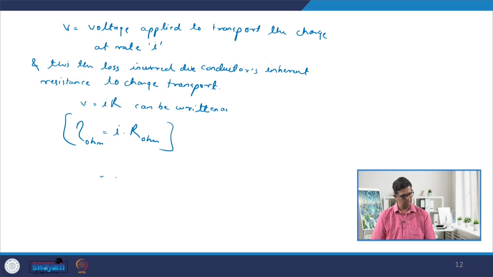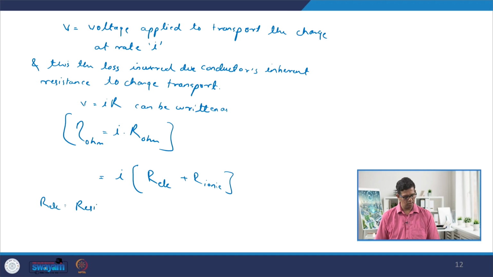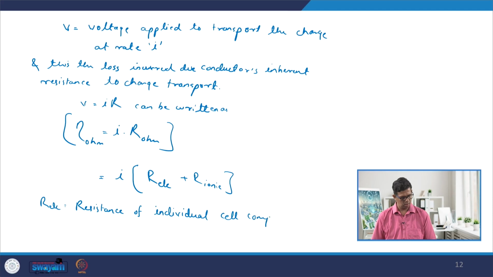And this ohmic resistance is the sum of two resistances, primarily electrical resistance and the ionic resistance. Let me write this. R electrical is the resistance of individual cell components or the stack components.